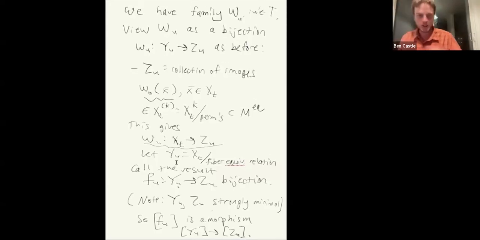We've just produced a morphism. In the notes, not that this matters much, I was still calling it WU here, and then I started calling it FU once it was a morphism. So FU is actually an almost equality class, to be official, but that shouldn't really change anything.